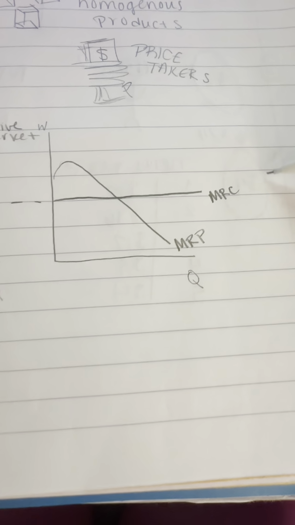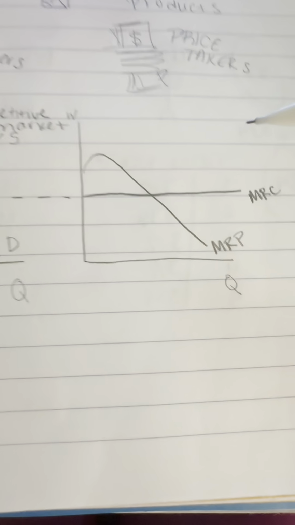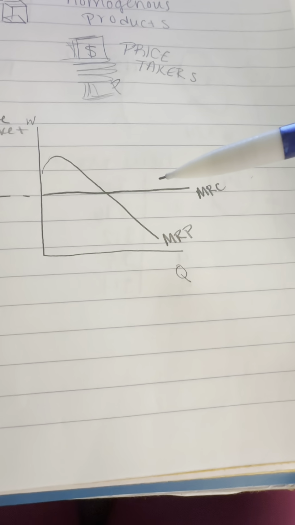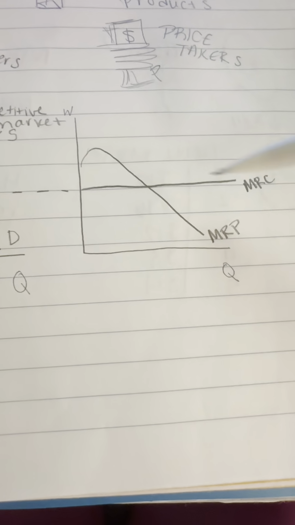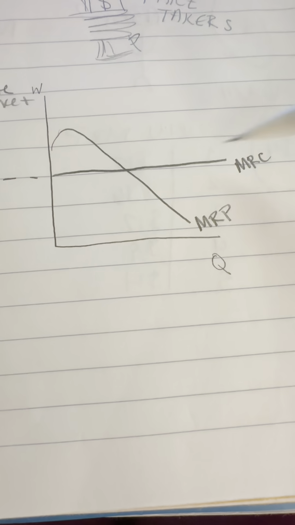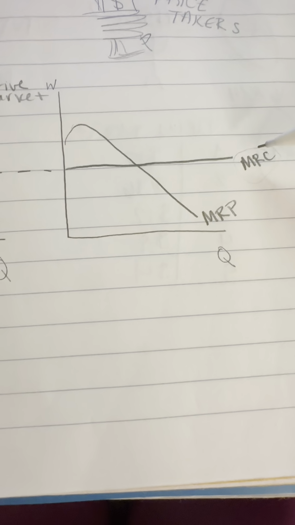And then the MRC curve follows that horizontal straight line from the equilibrium, because in a perfectly competitive labor market, the MRC is that horizontal line at the market wage rate, showing that each additional worker costs the same, they are all getting paid that same flat rate.